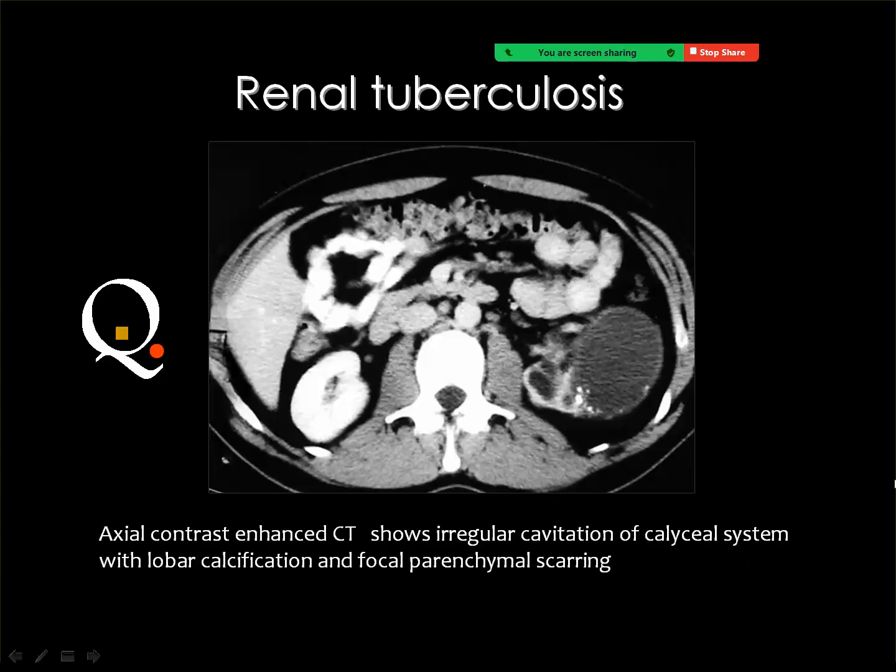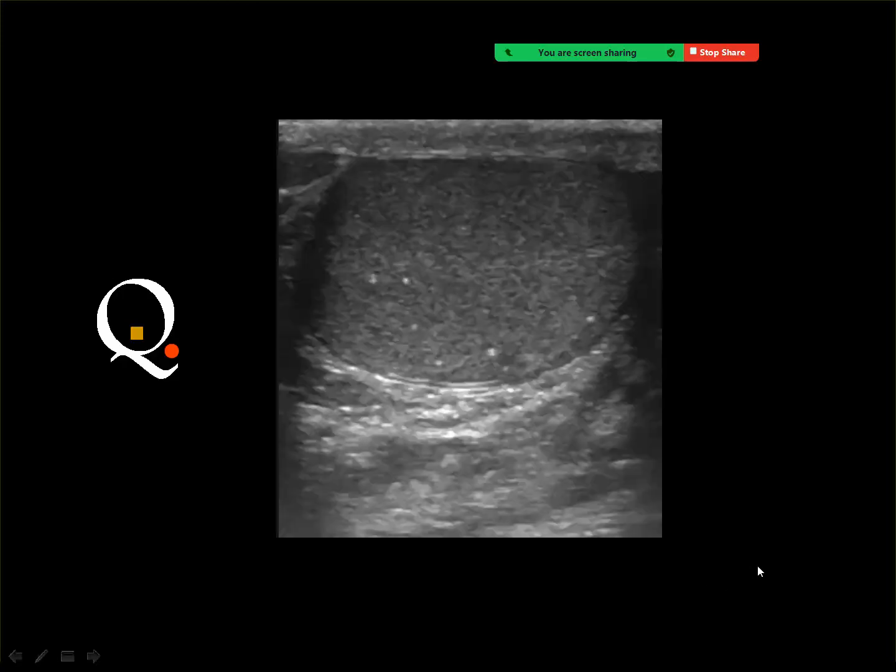And this is one of the appearances of renal tuberculosis with foci of matrix calcification and relatively poor function of the left kidney compared to the right one.